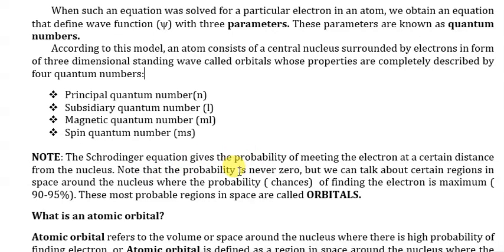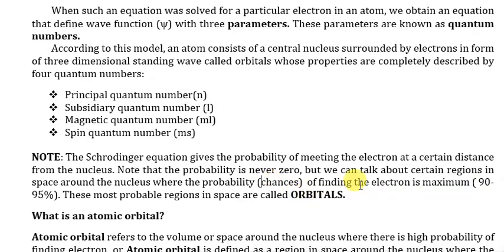Note that the probability is never zero, but you can talk about certain regions in space around the nucleus where the chance of finding the electron is maximum, that is from 90 to 95 percent. These most probable regions in space are called the orbitals.